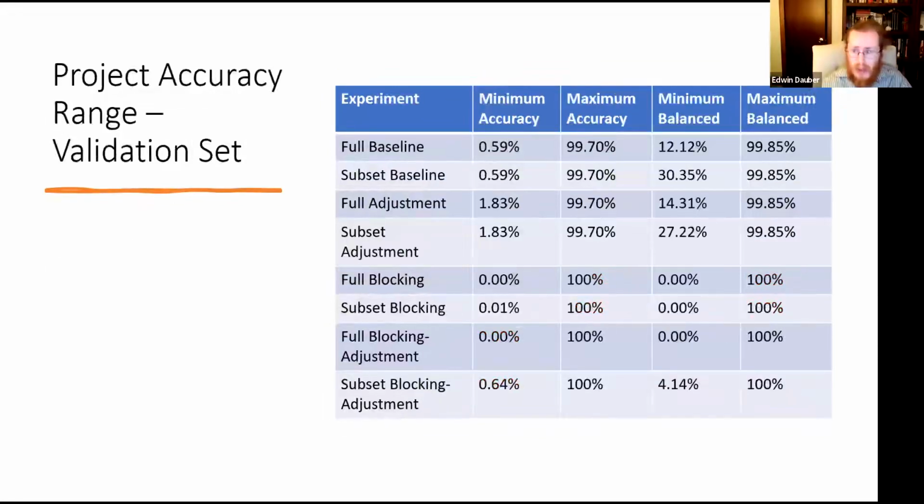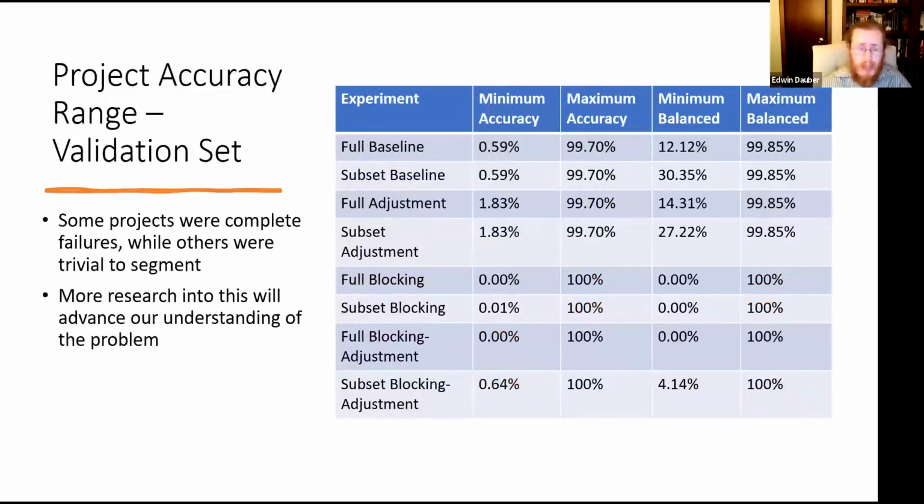We also can observe that some projects are complete failures. We get 0% accuracy, or very close to it. While for others it's trivial, and we can get 100% accuracy, or very close to it. Further research into this may enhance our understanding of this problem and these techniques.